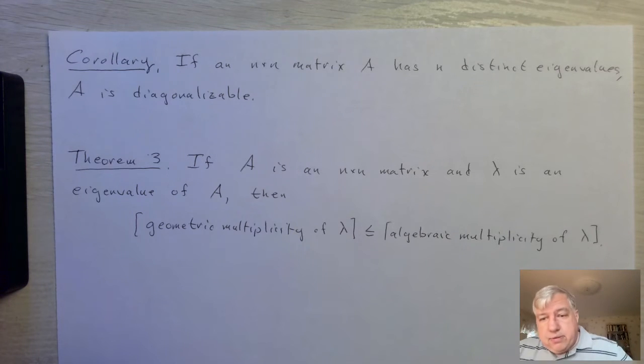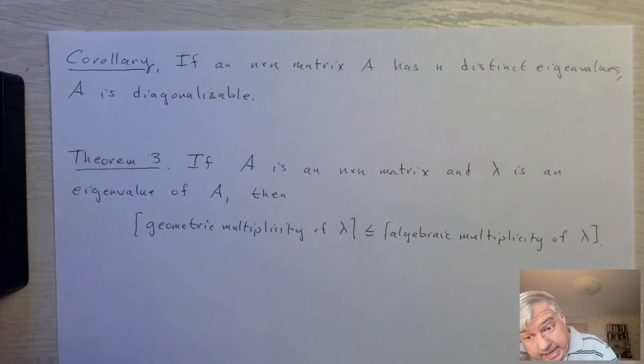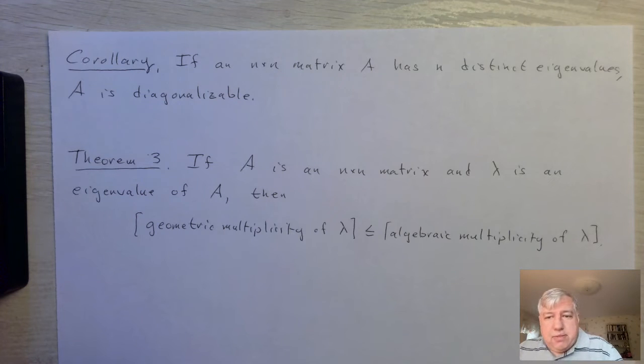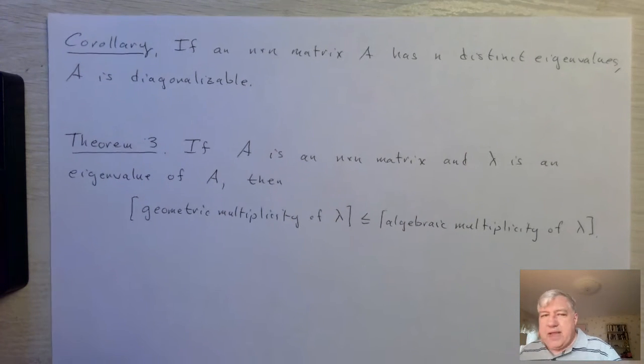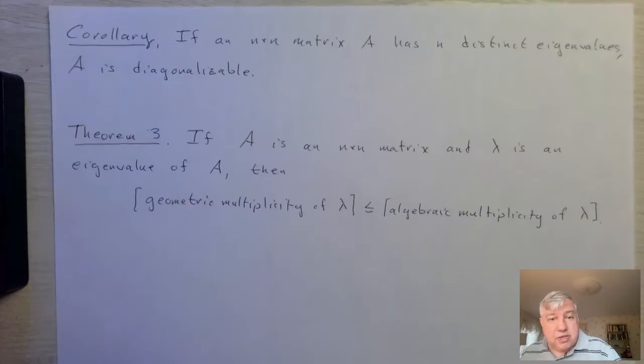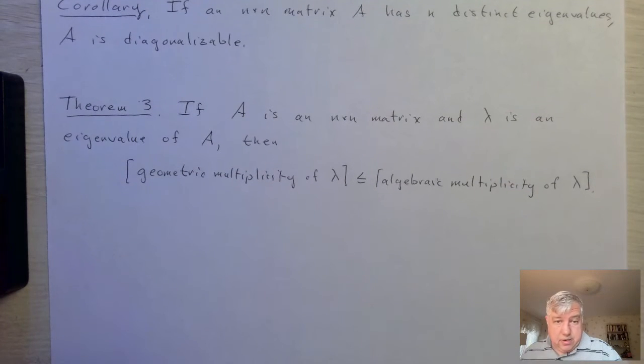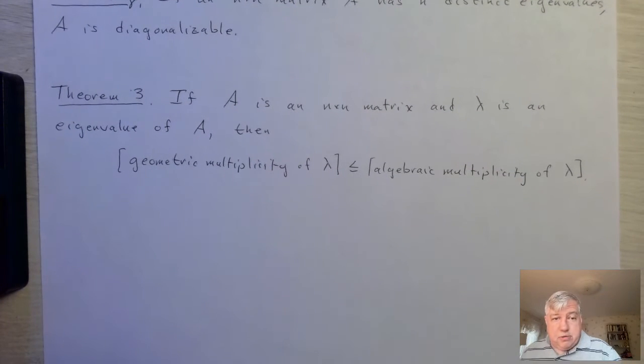Our next goal is to find the necessary and sufficient criterion for a matrix to be diagonalizable. It all comes back to the two kinds of multiplicity of the eigenvalues. It's not so much the eigenvectors, it's the eigenvalues. In particular, it's the geometric multiplicity and the algebraic multiplicity of an eigenvalue.